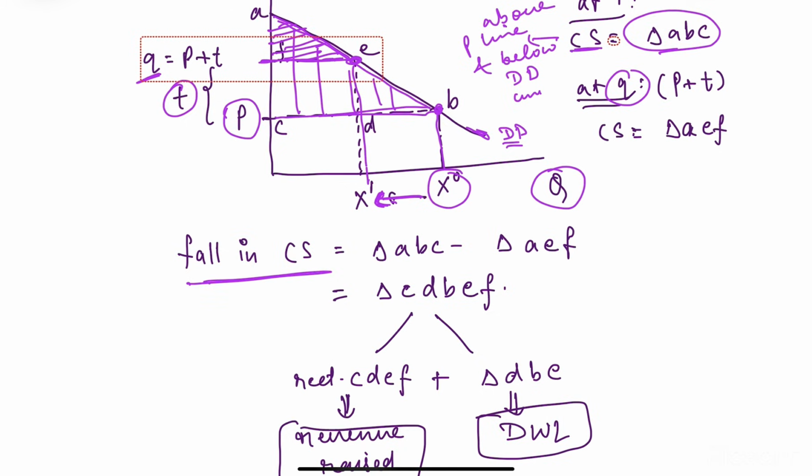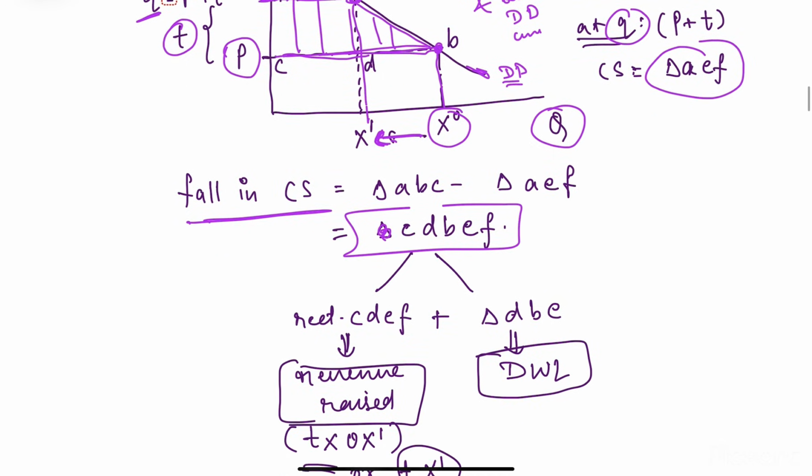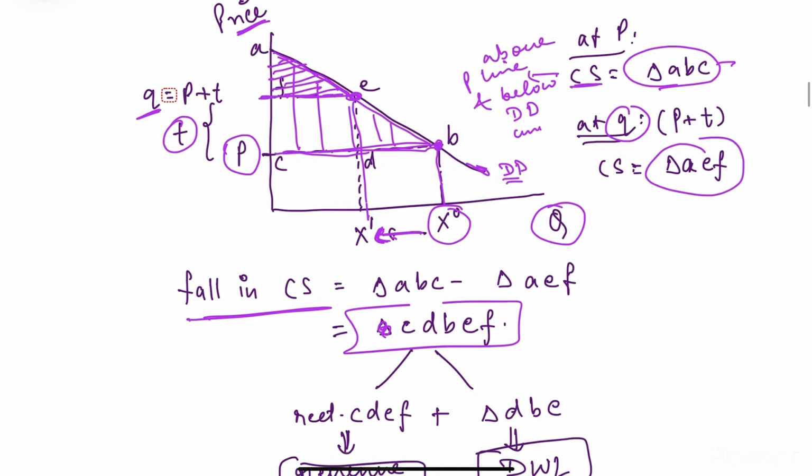The fallen consumer surplus is what we get when we subtract this area AEF from ABC. It's a trapezium kind of shape, CDBEF, and if we look at it, it is divided into two parts. One is this rectangle, which is equal to the revenue. Why revenue?